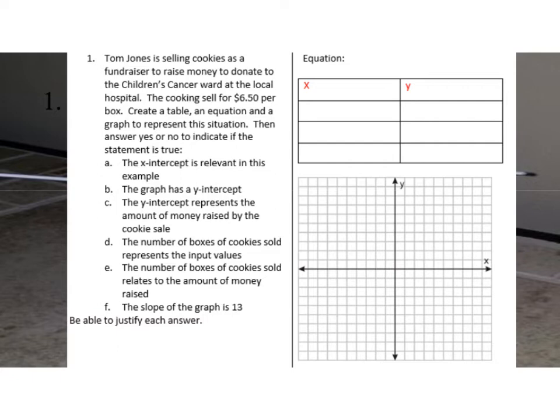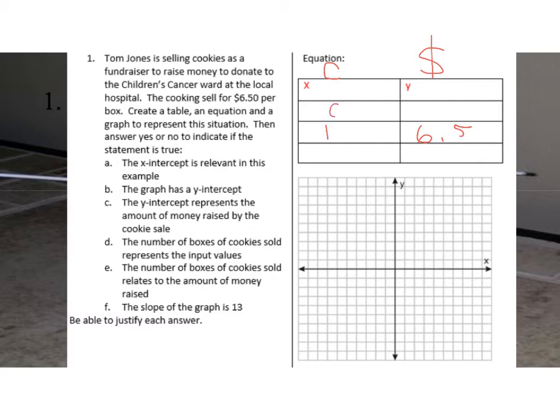Okay, no problem. What I think we should do here is establish what is x and what is y. If we say that this is the cookies and this is the money, so x is the cookies, y is the money, it makes it a little bit easier. If we sell one box of cookies, obviously it would cost $6.50.